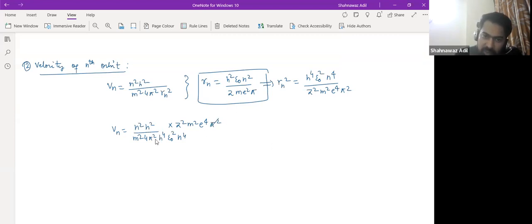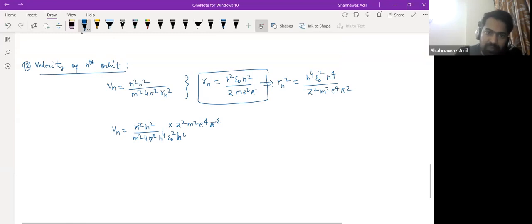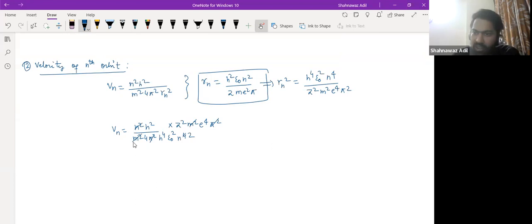So pi square will cancel, right? And then what do we have? n square and n4, this would be n2. And then m square will cancel. And then what do we have? We have n, epsilon naught square is there, and this is Z square.